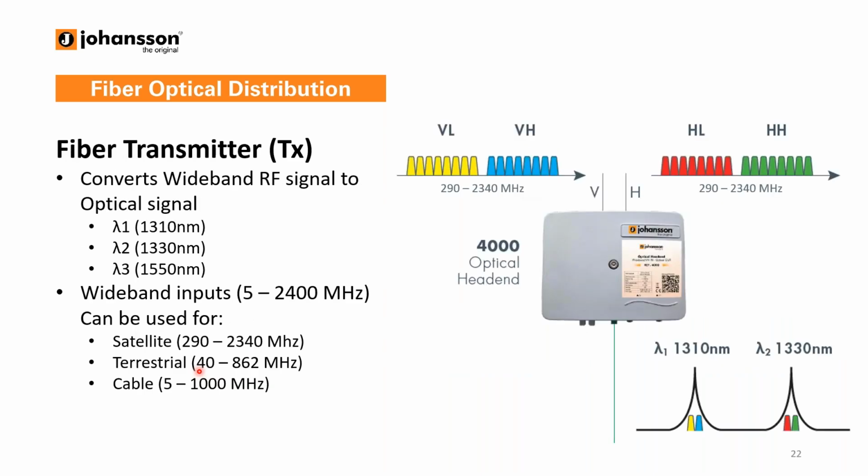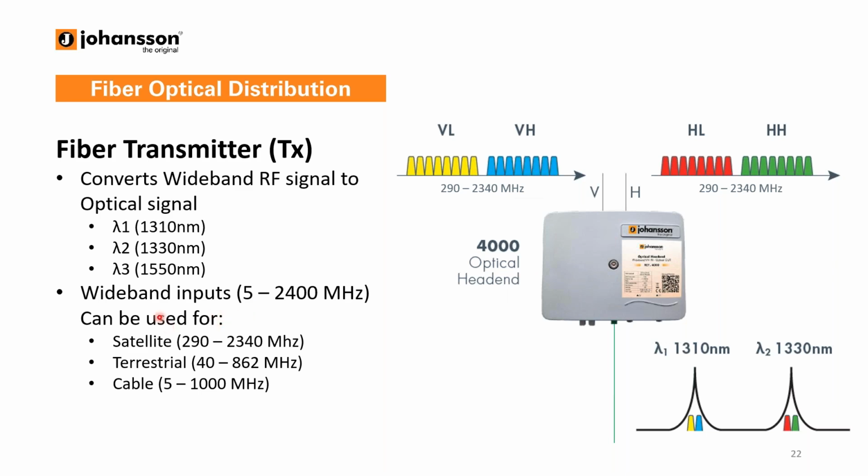Then we have the fiber transmitters. So this will convert the electrical signal into optical. So this model has 2 inputs. And then of course we have 2 wavelengths as output. The input is ultra wideband, I would call it, because it already starts at 5 megahertz. So the input range of the RF inputs is from 5 to 2400 megahertz.